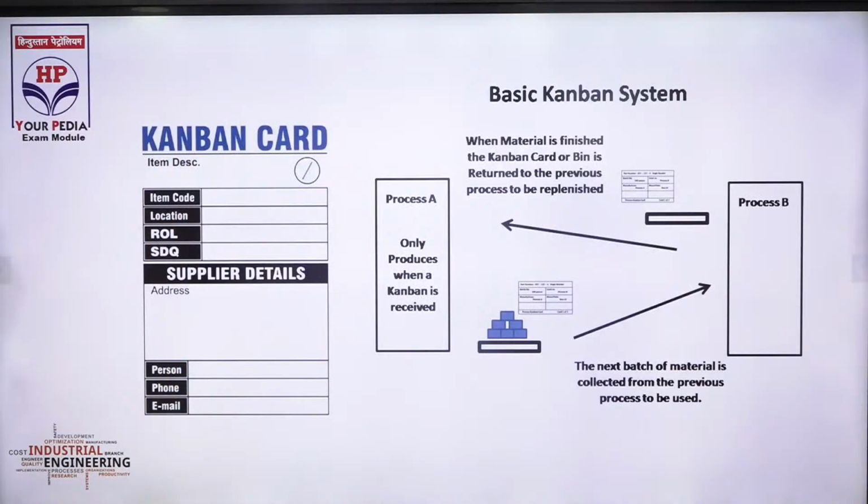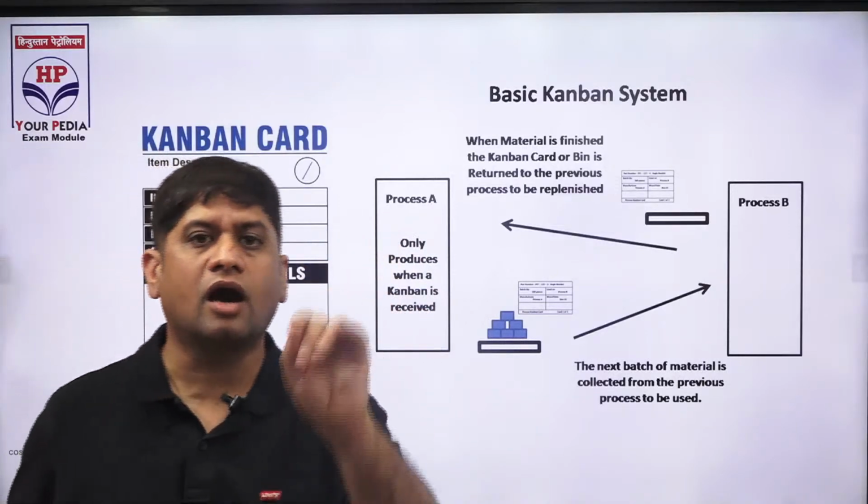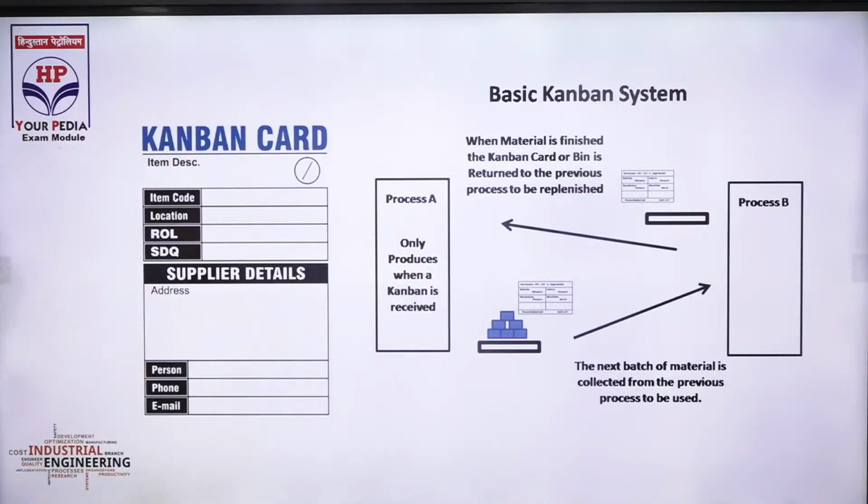Kanban card is issued only in such situations. You should only produce when the Kanban card is issued. When material is finished, a Kanban card or bin is returned to the previous process and it is replenished.